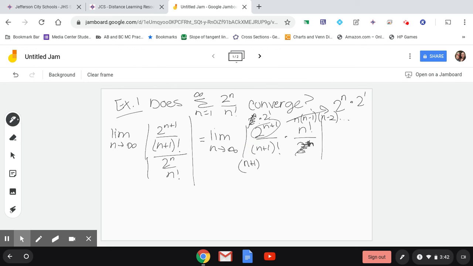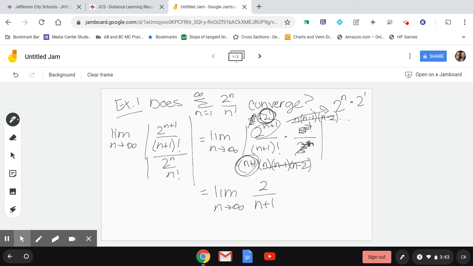So that's n plus 1. If I subtract 1 from that, I get n, and then I continue subtracting 1. So if you notice, after this first n plus 1 term, I begin to get these terms that are actually equivalent to this up here. So that means that this all cancels out, and you don't have n factorial anymore. And so what you have left at this point is this 2 to the 1, and this n plus 1. And so you have the limit, as n approaches infinity, of 2 over n plus 1.